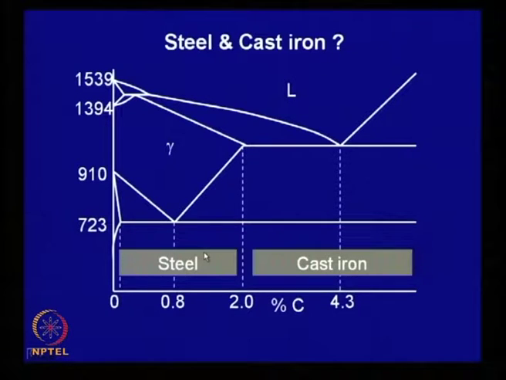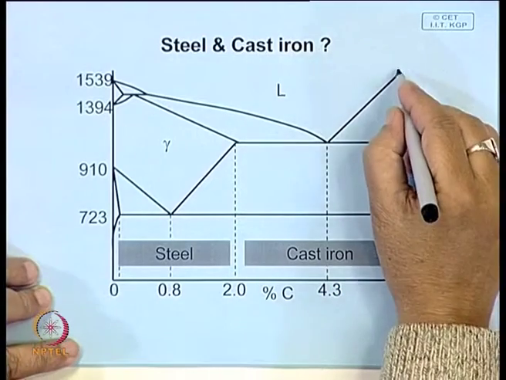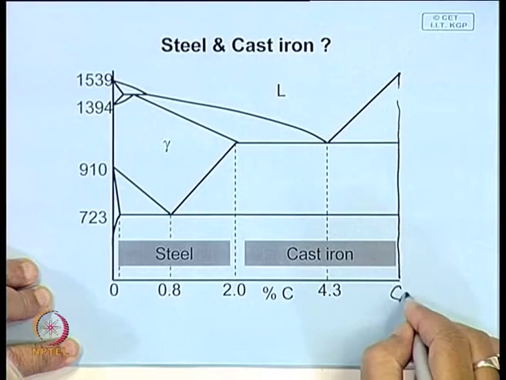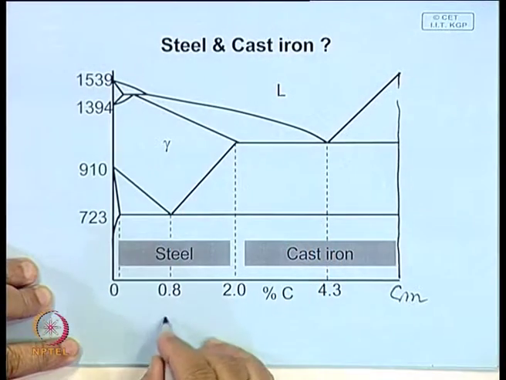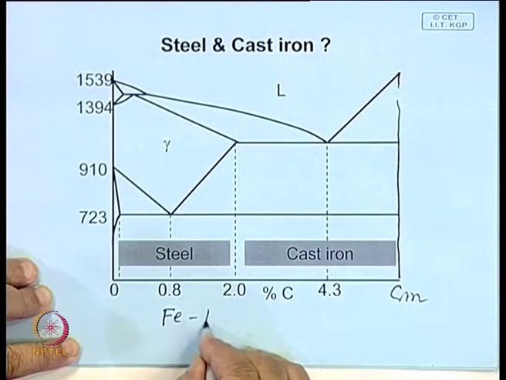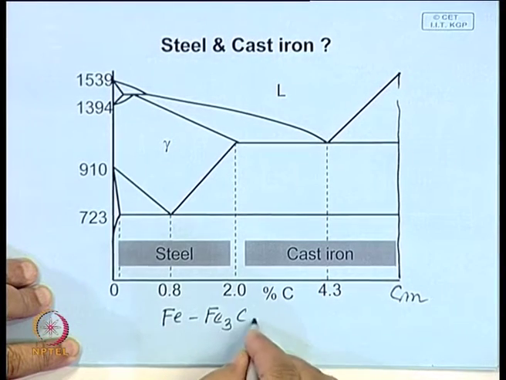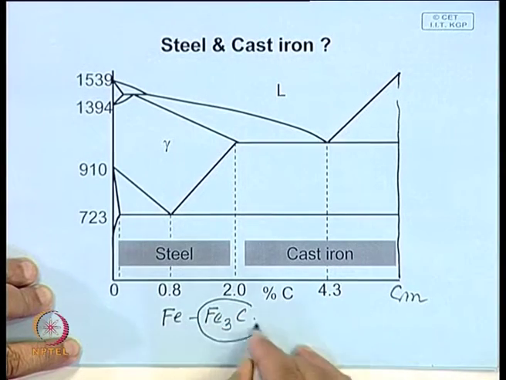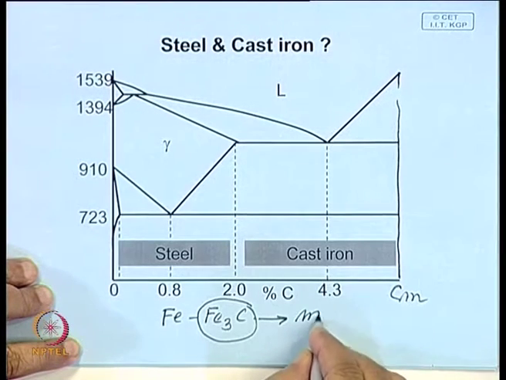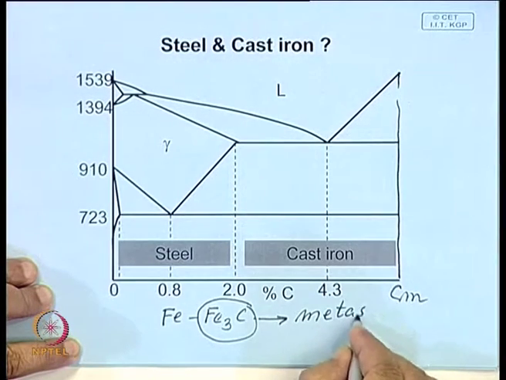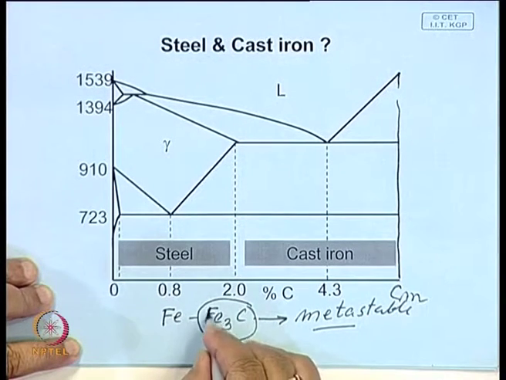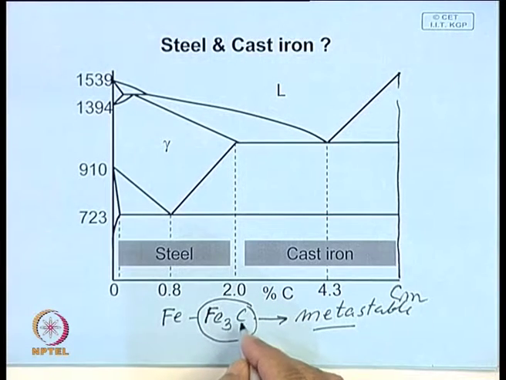This is also known as the iron cementite phase diagram, or the Fe3C iron carbide phase diagram, and this is a phase which is called a metastable phase. It is crystalline, it has a complex cubic structure with a very large number of atoms.